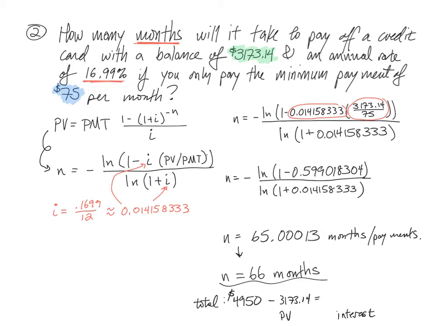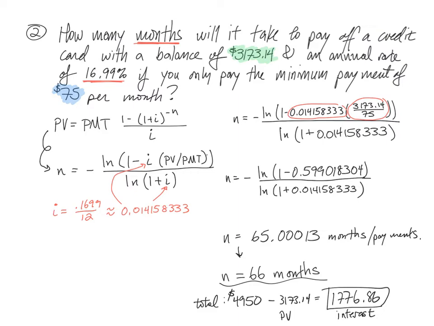One moment, please. Let's see here. It looks like it would be $1,776.86 in interest, which is just way, way too much money, which just goes again to show you that you shouldn't pay the minimum payment on a credit card.